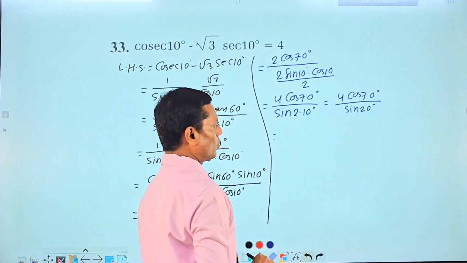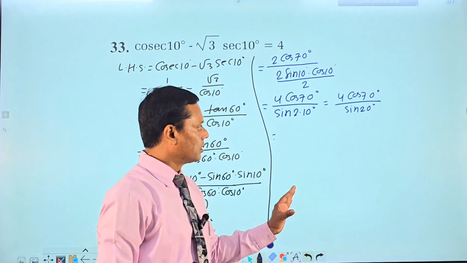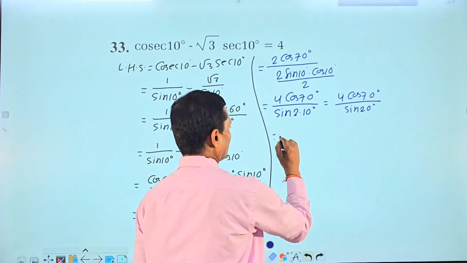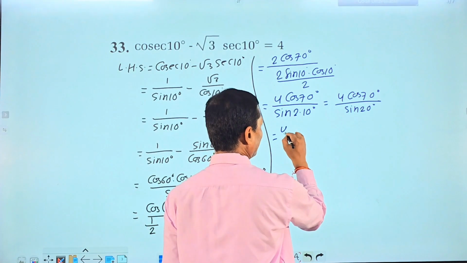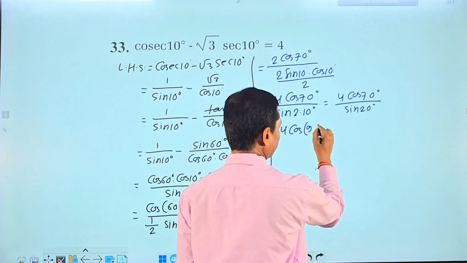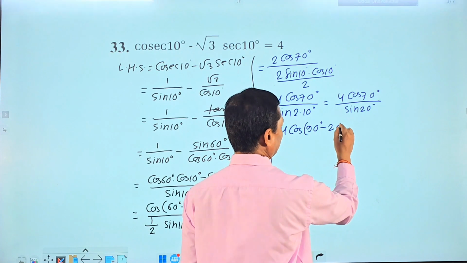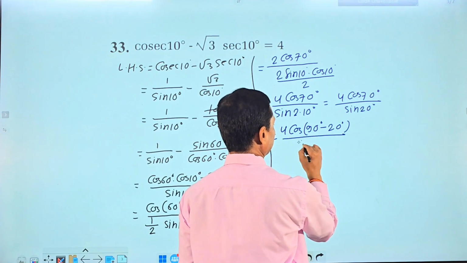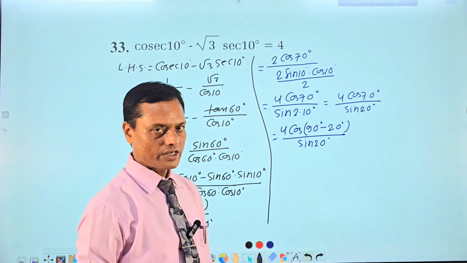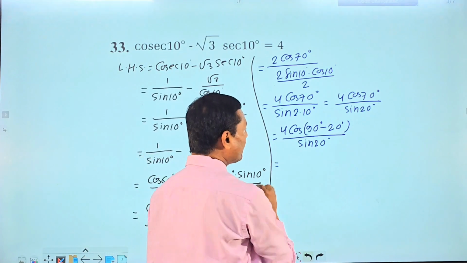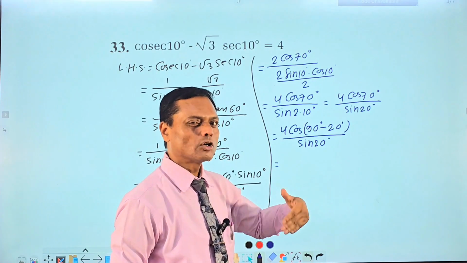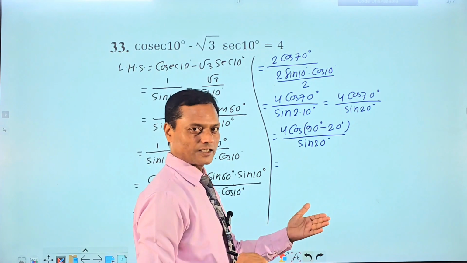Okay. Once again, the CAST rule came. So 70 degree, we can write here 4 cos of 90 degree minus 20 degree over sine 20 degree. Can you write or not? Sure, because 90 minus 20 equals 70. Then apply the formula. Okay. Cos 90 degree minus A equals sine A. It lies in the first quadrant.